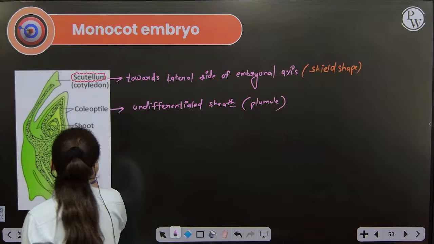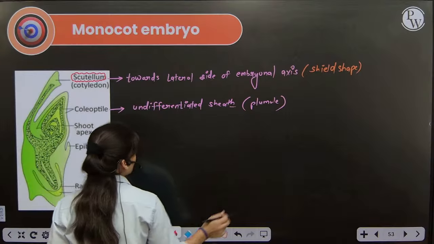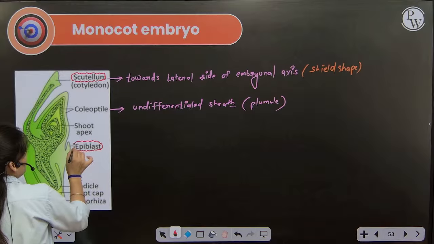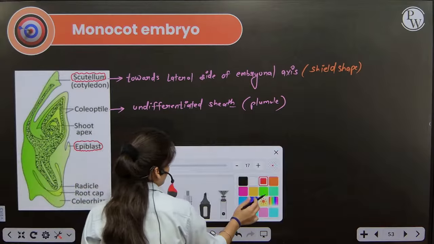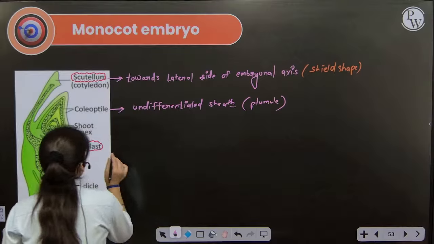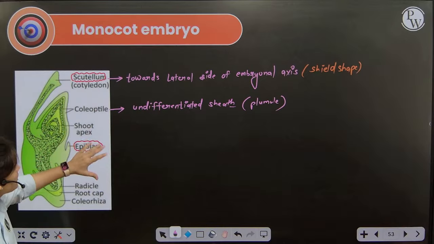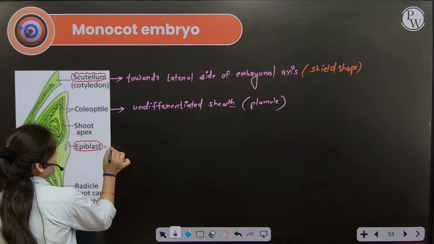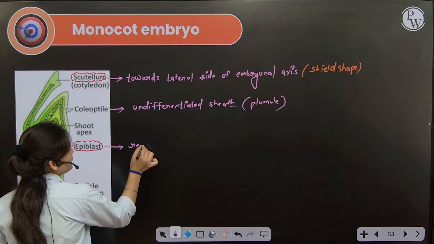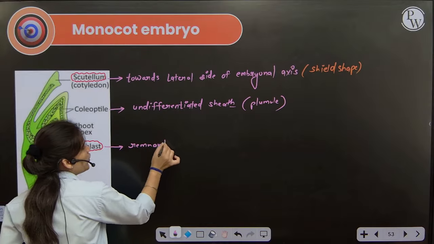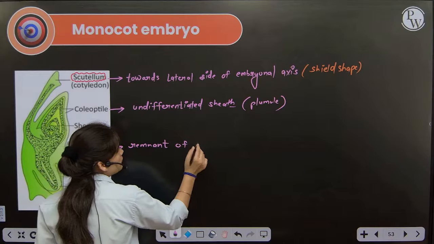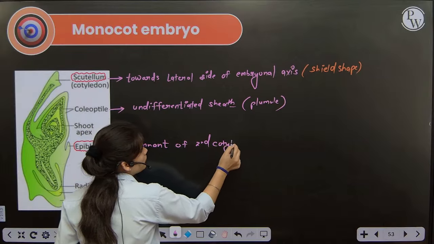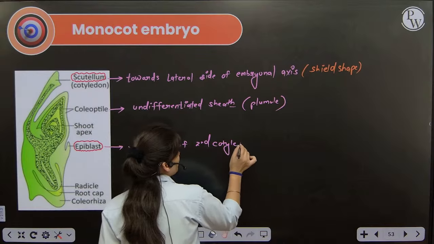Then epiblast. In case of monocot there is only one cotyledon, but this epiblast represents the remnant of the second cotyledon, or it is a rudimentary cotyledon.